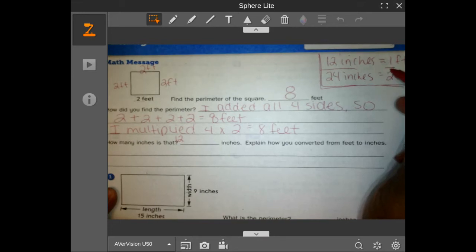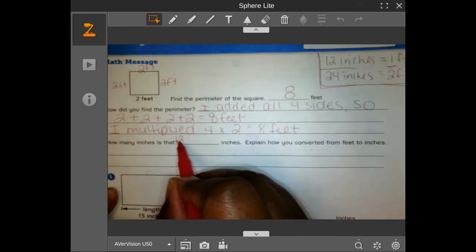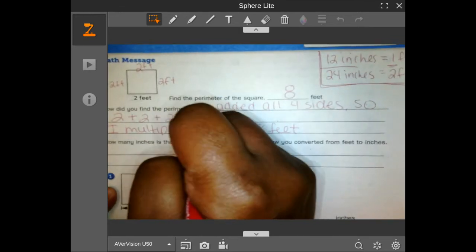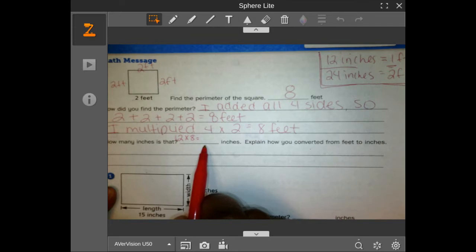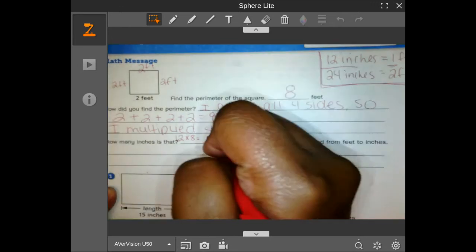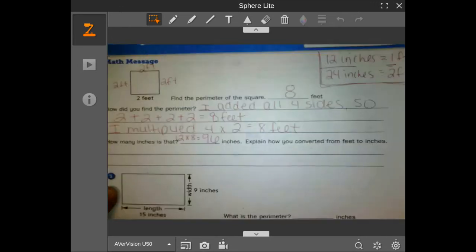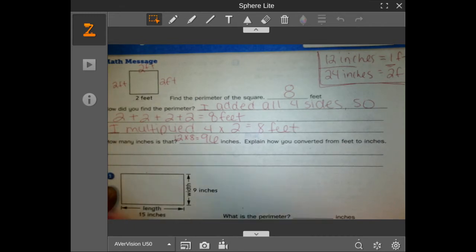So instead of 1, I need to figure out 8 feet. So 12 times 8 equals, use those third grade math skills from last year, 12 times 8, yes, 96. 12 times 8 equals 96.